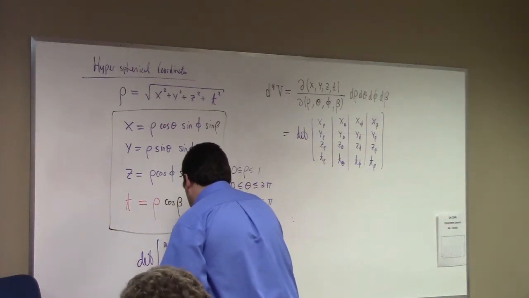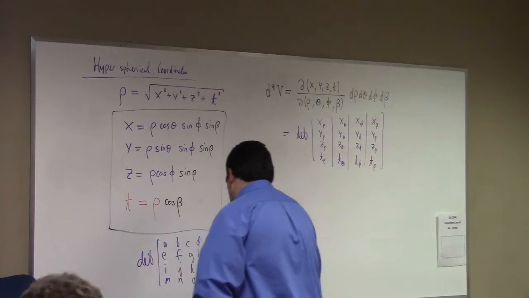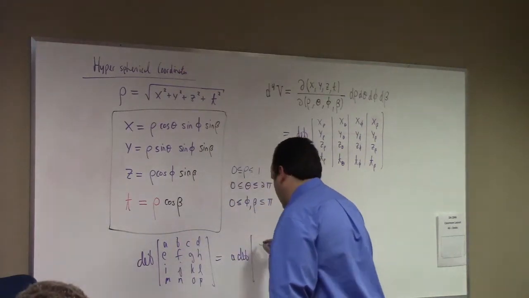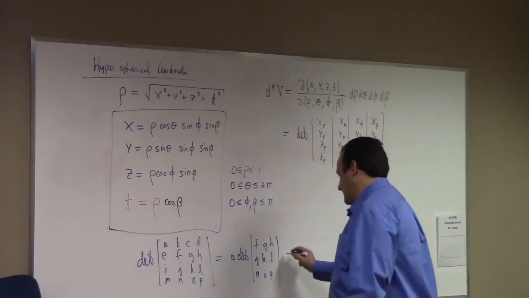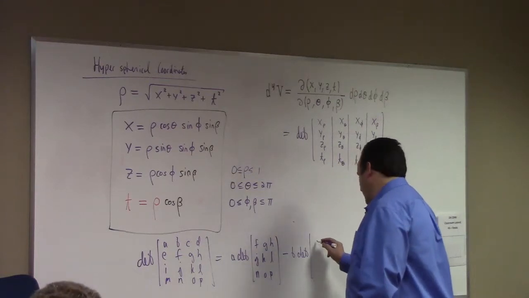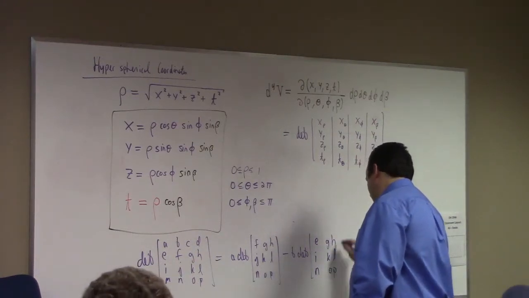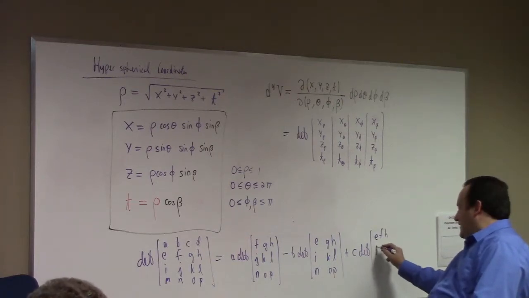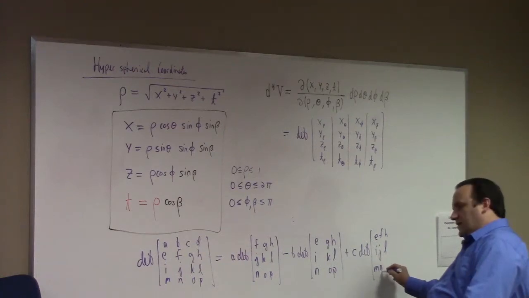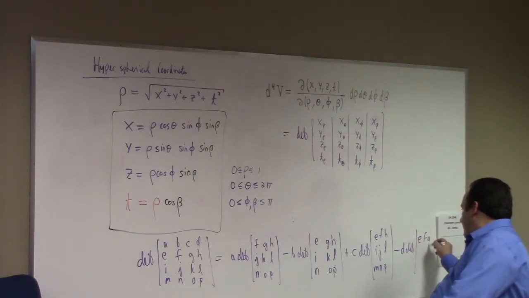The determinant of A, B, C, D, E, F, G, H, I, J, K, L, M, N, O, P is equal to A times the determinant of F, G, H, J, K, L, N, O, P, minus B times the determinant of E, G, H, I, K, L, M, O, P, plus C times the determinant of E, F, H, I, J, L, M, N, P, minus D times the determinant of E, F, G, I, J, K, M, N, O.